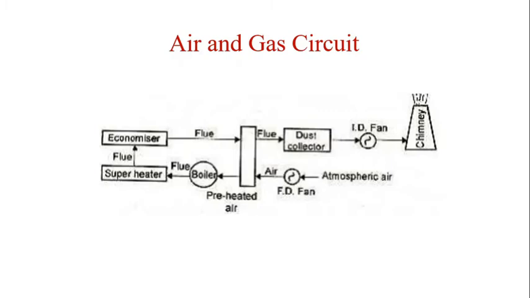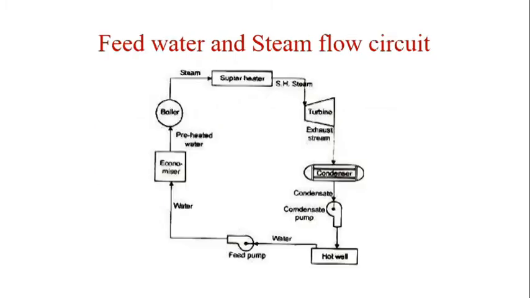The flue gas, after passing around boiler tubes and superheater tubes in the furnace, passes through a dust catching device or precipitator, then through the economizer and finally through the air preheater before being exhausted to the atmosphere. The third circuit is the feed water and steam flow circuit.